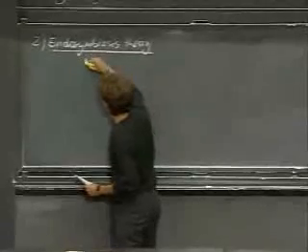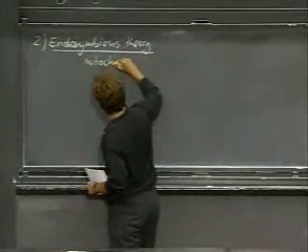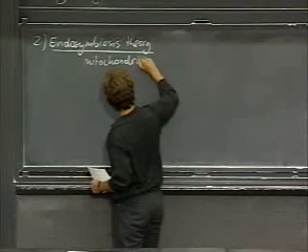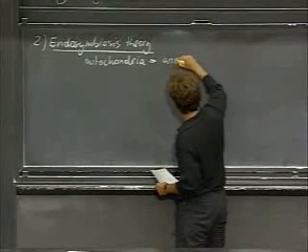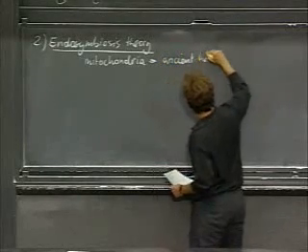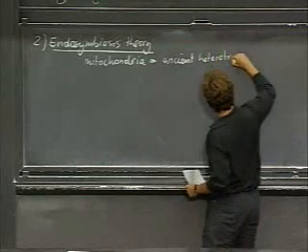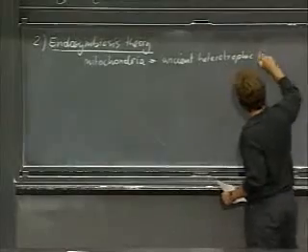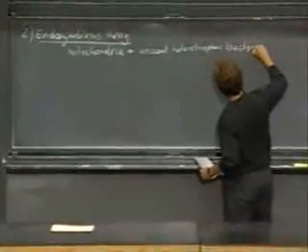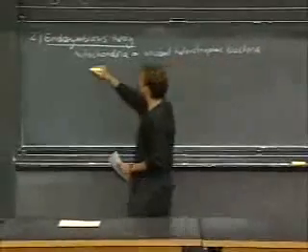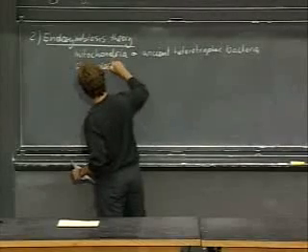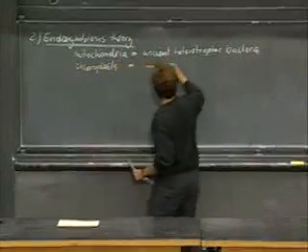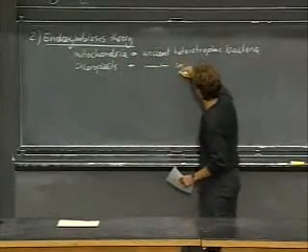So what we can say is that mitochondria are ancient heterotrophic bacteria and the chloroplasts are ancient cyanobacteria.